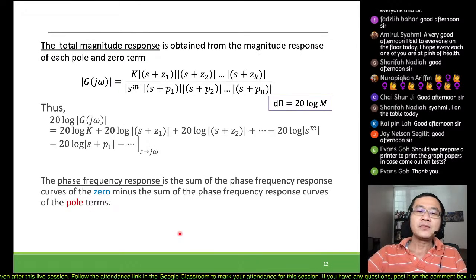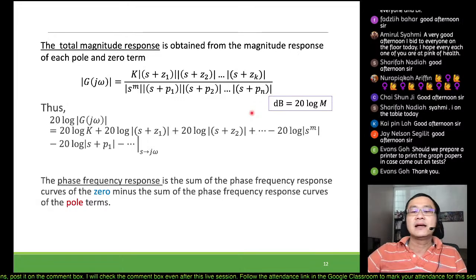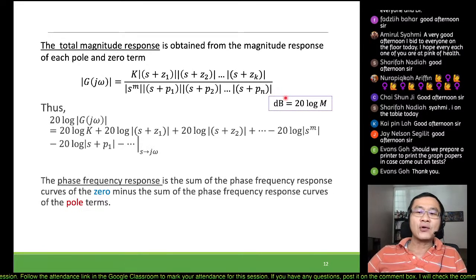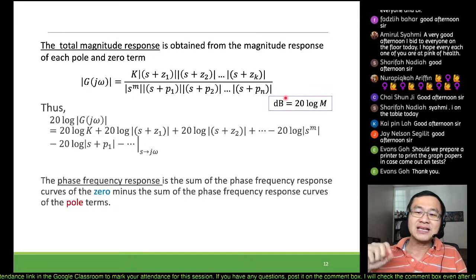All right, so how we can do that later on. We can illustrate that in this form. Let's say this is the form. Since we want to express the magnitude in terms of dB, the magnitude itself is already in log.